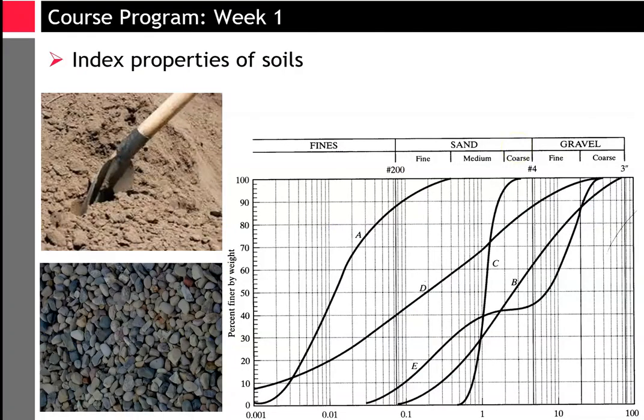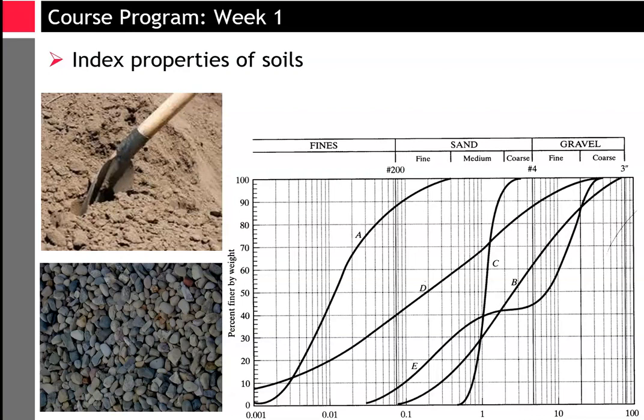This course is designed to provide that background knowledge as well as practically how we analyze and design those embankments. It will be distributed over 6 weeks, and in each week we're going to start from scratch and try to reach the embankment design stages.